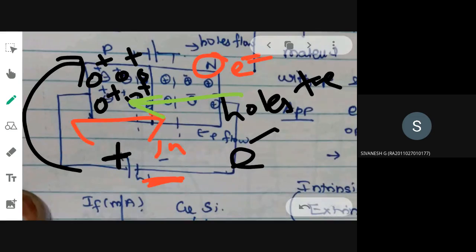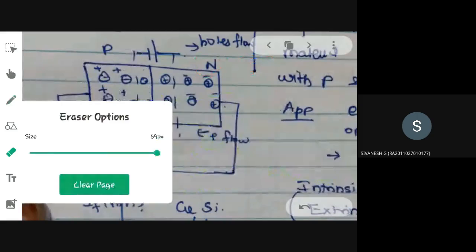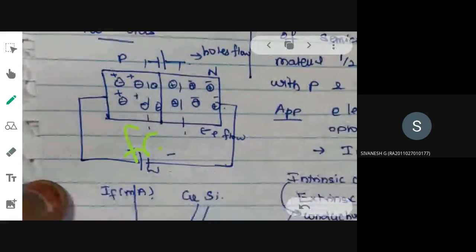Here hole flow and here electron flow, both will move towards the junction, and inside the junction the holes and electrons will try to combine. It will also result in free flow of electrons, so this will result in current flow also.